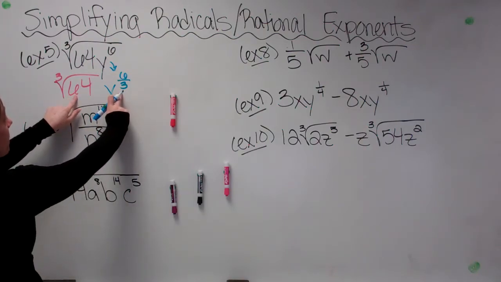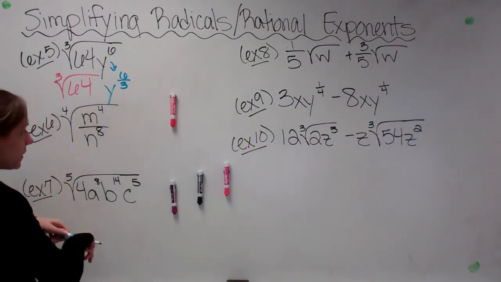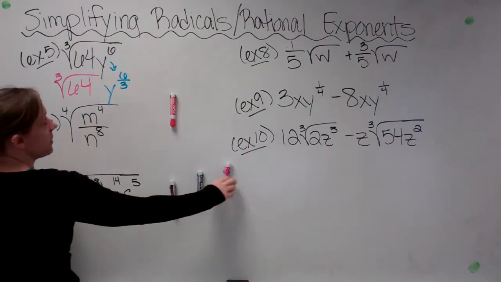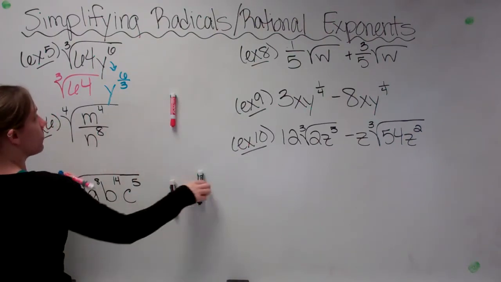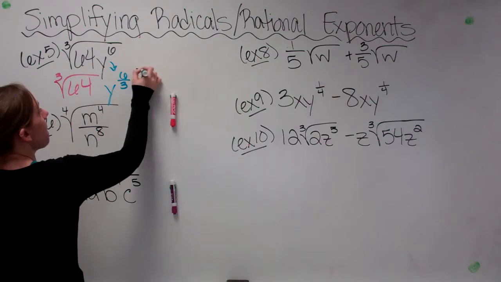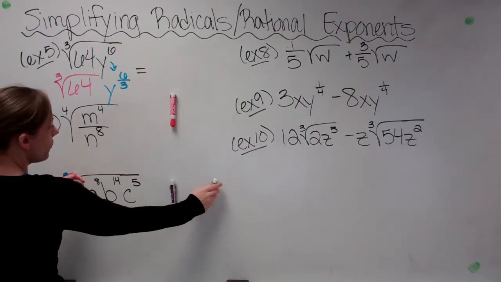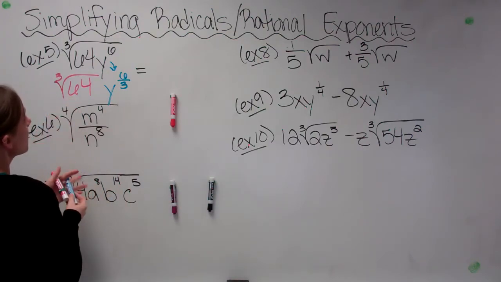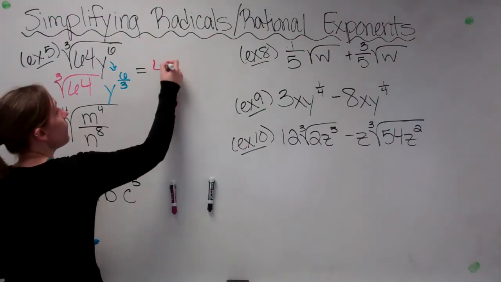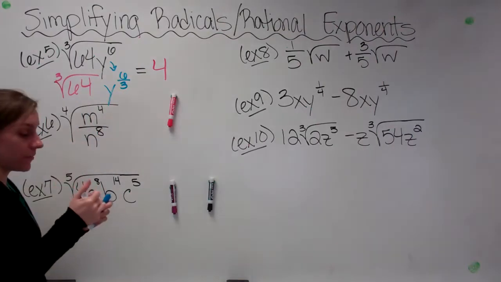So if we look at them separately, the cube root of 64 is the number 4, so we could actually evaluate that one.